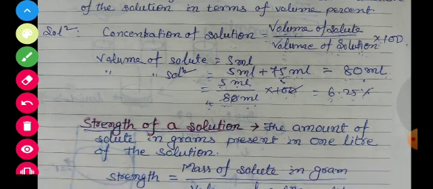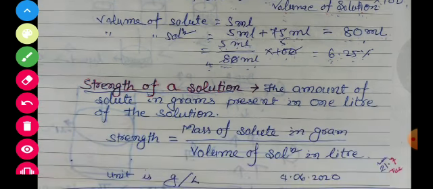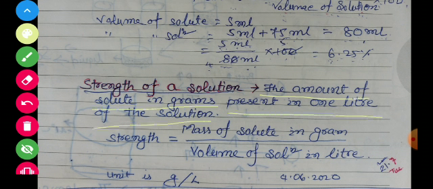And after this we should discuss the strength of a solution. Again, how can we find out the strength of a solution, or how can it be defined? The amount of solute in grams present in 1 liter of the solution is called the strength of a solution.